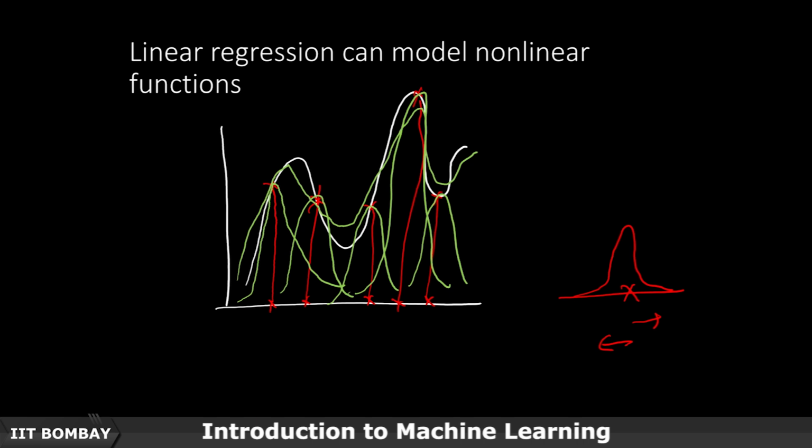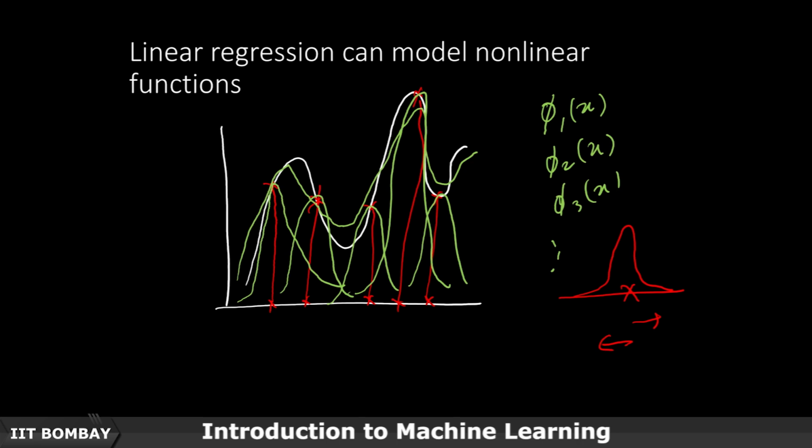For any x, instead of x, I will deal with phi 1 of x, phi 2 of x, phi 3 of x, dot dot dot. So these are my dimensions. What is phi 1? Phi 1 is the first green underlying curve, phi 2 is the second green underlying curve, phi 3 is the third green underlying curve, and so forth.